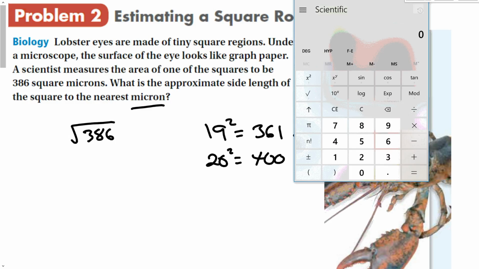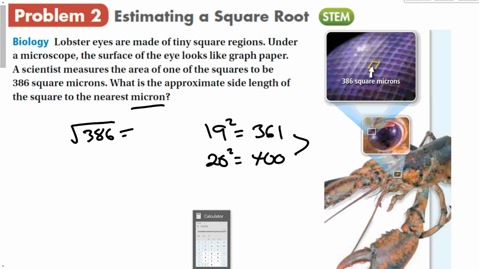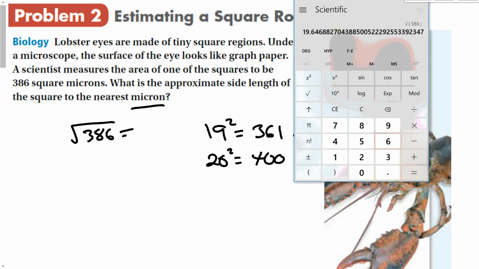So I have my nice scientific calculator here. I can just put in 386 and find the button for square root and press it, and we get 19.64688. Depending on the type of question is how many digits you should round to.